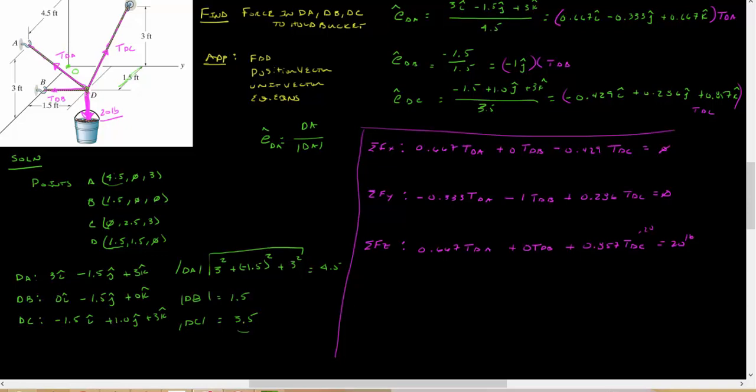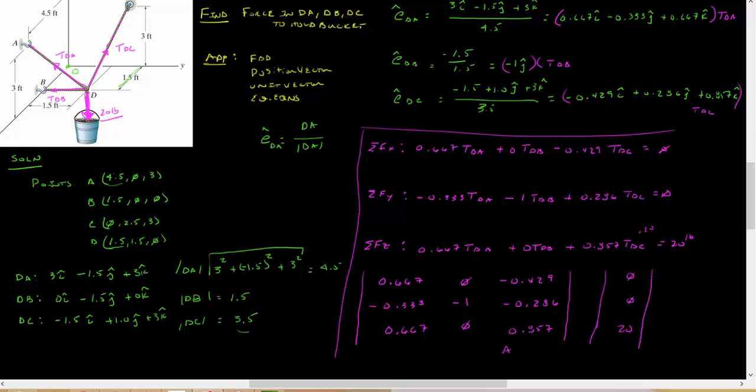So if I look at this now, I can throw this into my matrix, and I can say 0.667, 0, negative 0.429, negative 0.333, negative 1, negative 0.286.